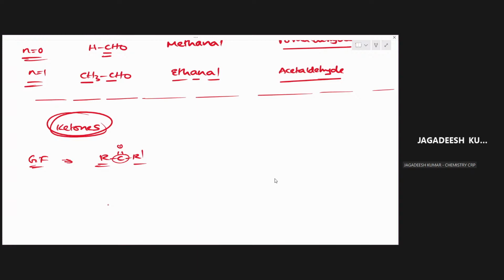Here there is no gap. So that means CnH2n+1 C double bond O CnH2n+1, you can write like this. These two may be either the same or different. If both alkyl groups are the same, they are called simple ketones. If both are different, they are called mixed ketones.